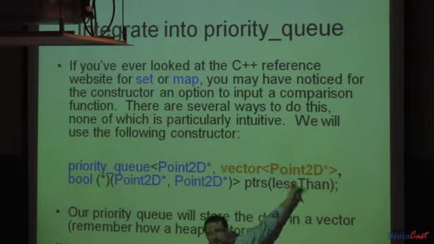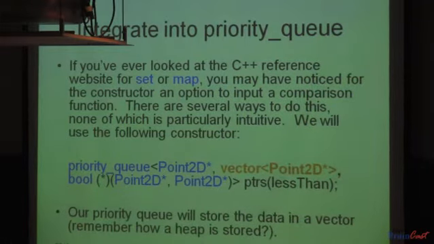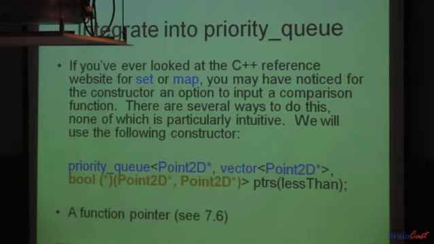You're not going to use anything other than vector of point2d pointers here. And then you can get to the actual overloaded type, which sets the policy of how to compare them.